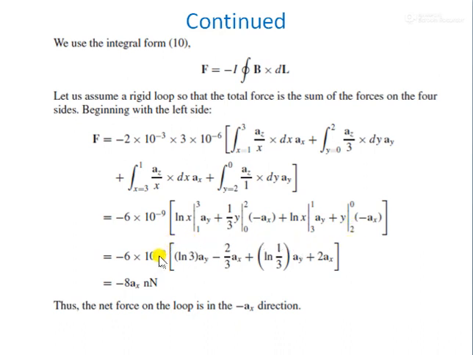Finally, substituting all, we will get minus 8 ax nanonewton. Therefore the net force on the loop is in the minus ax direction. This is one of the numericals on force due to a differential current element.